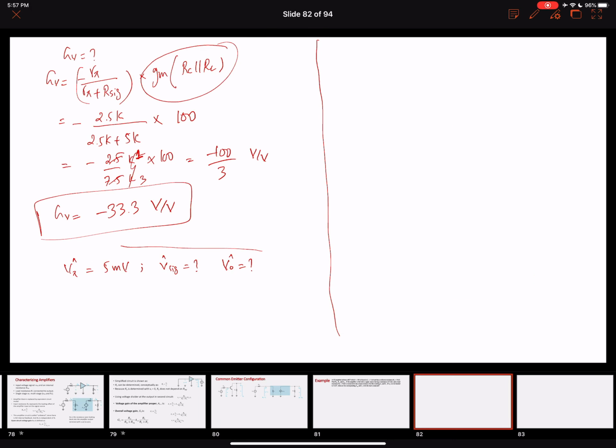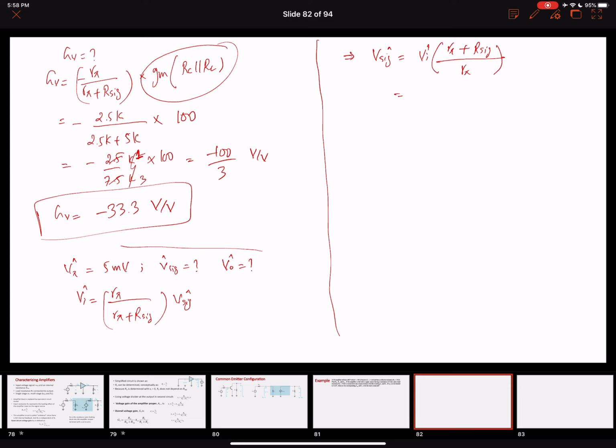We can use this equation, Vi equals R pi over R pi plus R sig multiplied by V sig. This was the voltage divider equation that we have seen at the input. So we can rearrange that to be V signal equals Vi into R pi plus R signal divided by R pi.